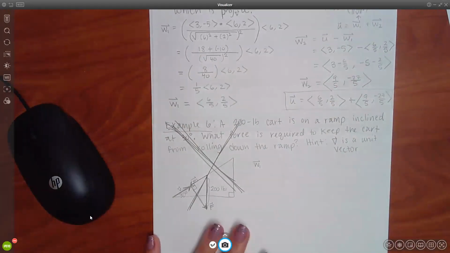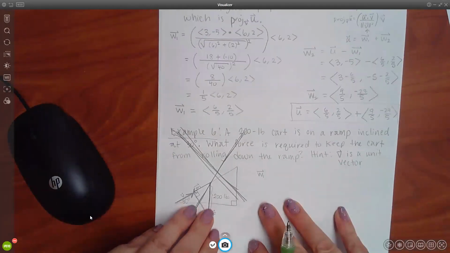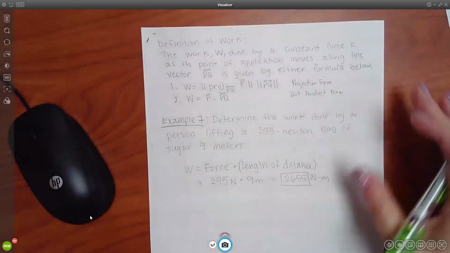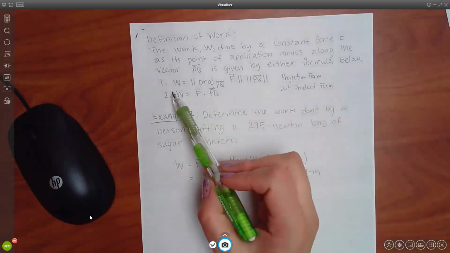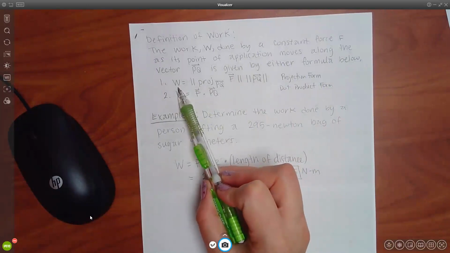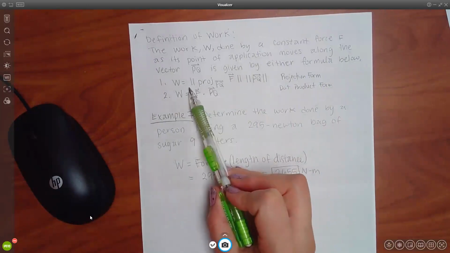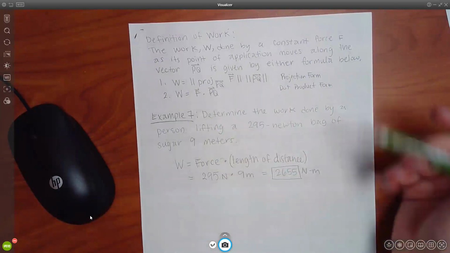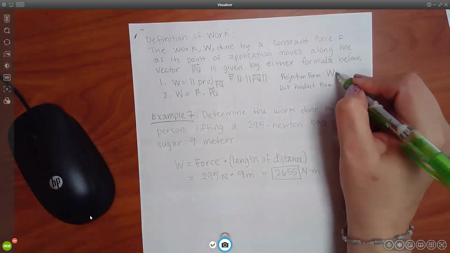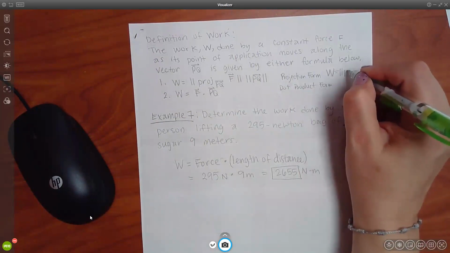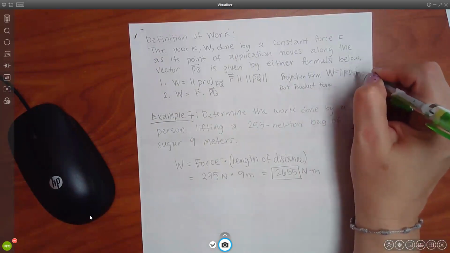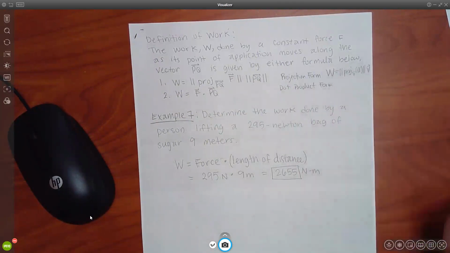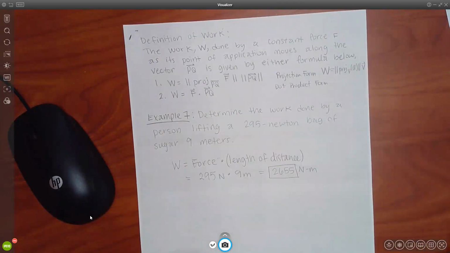I do have work on the next page. So we definitely need to talk about the work. So for the definition of work, we have that work can be determined by the magnitude of the projection times the vector. Another way of writing that, if you want to use U's and V's, is the projection of U onto V times V. That's the other way of writing it.